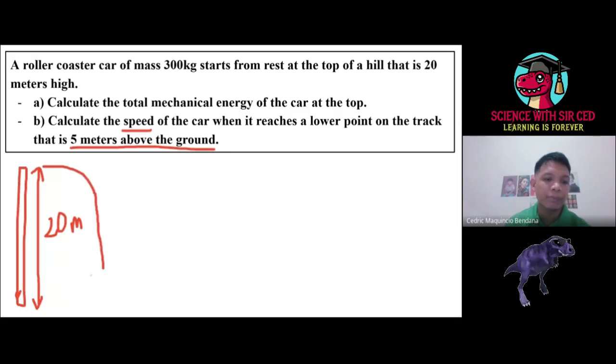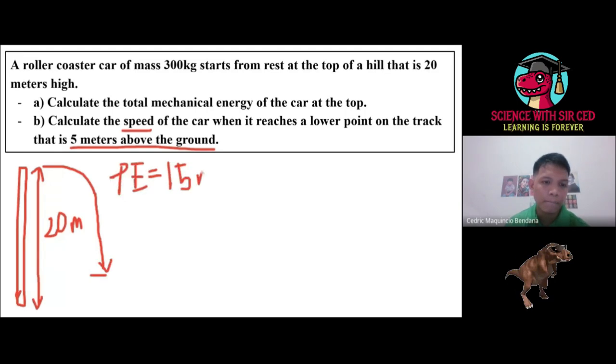5 meters before. So we are going to calculate the PE again using 15 meters, because it doesn't say that the roller coaster reached the lowest ground. It says 5 meters above the ground, so that is 15 meters.